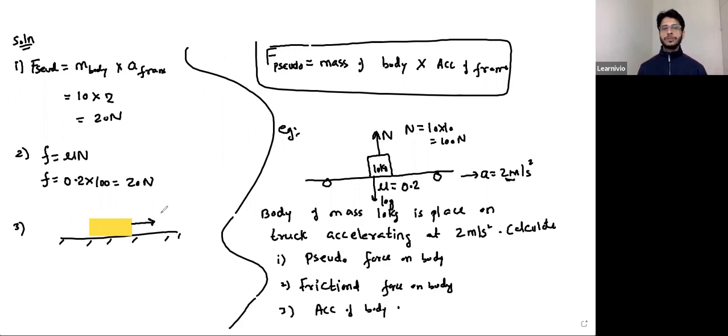So this body is experiencing a pseudo force of 20 Newton, and the frictional force on the body is again 20 Newton. Now, can you guess what should be the acceleration of the body?